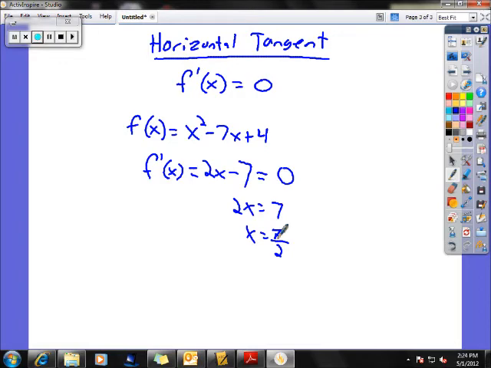Okay? Now, it might not be a parabola. If you have a cubic function, that's probably going to have 2 horizontal tangents. All right? And so you might have to do some factoring there on the derivative. Okay? So let me do an example of that really quick.